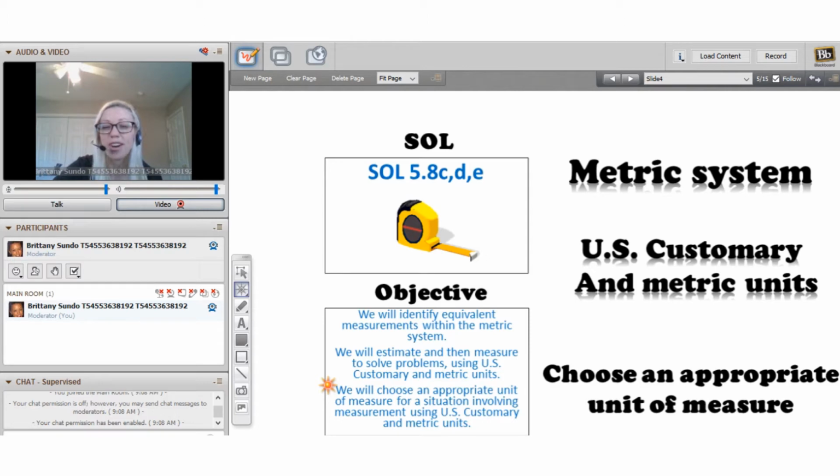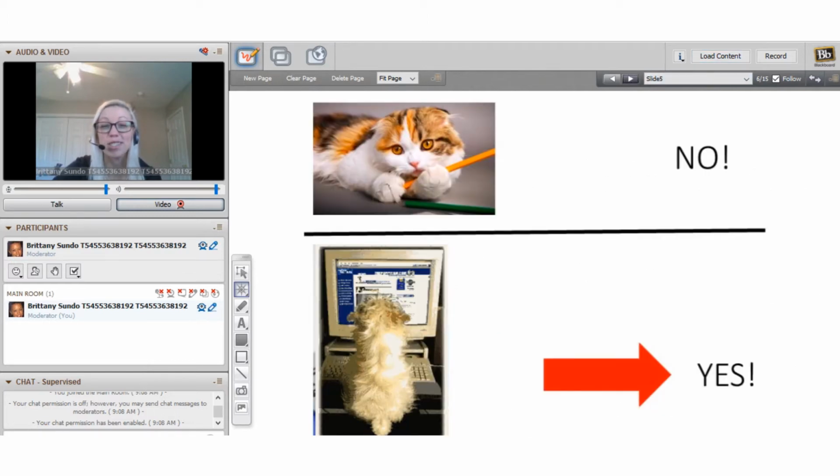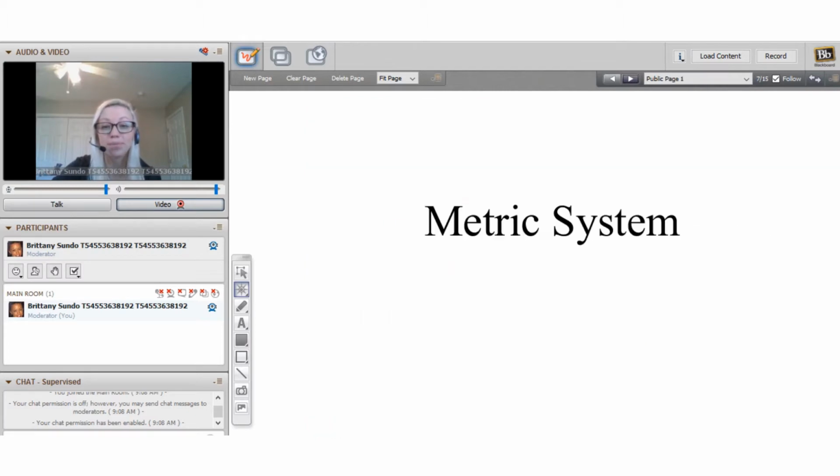So here are our 3 separate objectives listed out: our metric system, our U.S. customary and metric units, and choose an appropriate unit of measure. So there's the breakdown. All right, this will be on the calculator portion of your 5th grade math SOL.